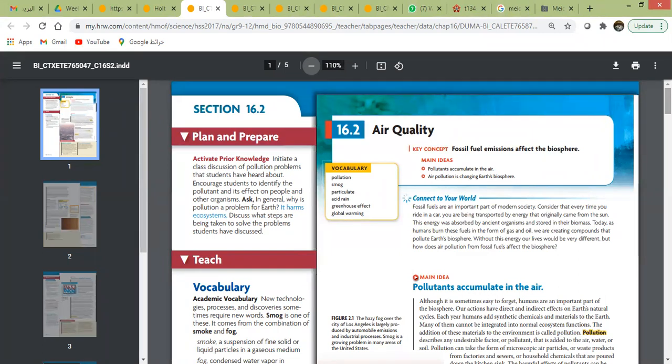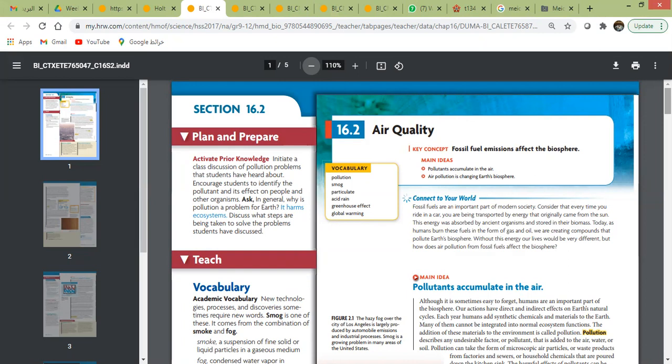Can you give me an example of how we can affect these ecosystems? We know that in ecosystems there are natural cycles that must keep working, like the carbon cycle, the oxygen cycle, and the water cycle. Why? These are very important matters needed by living things.